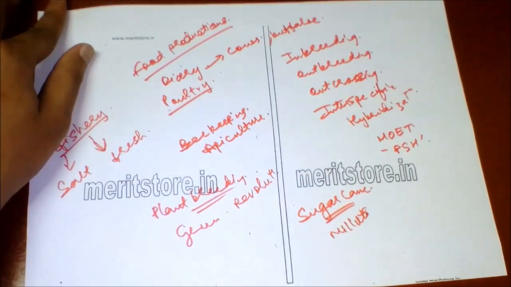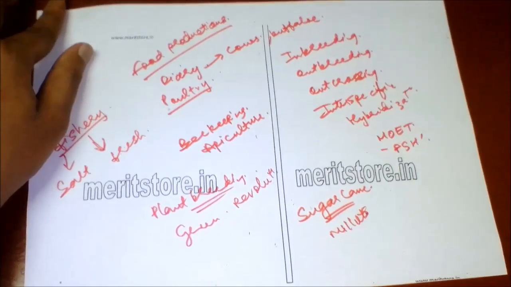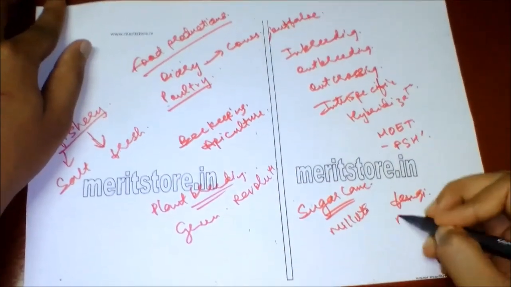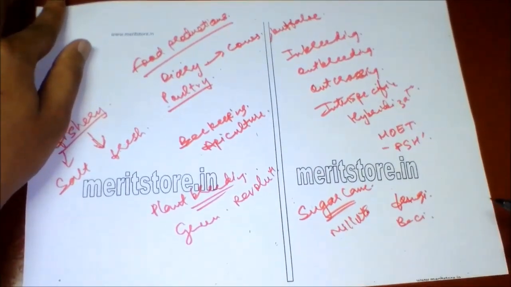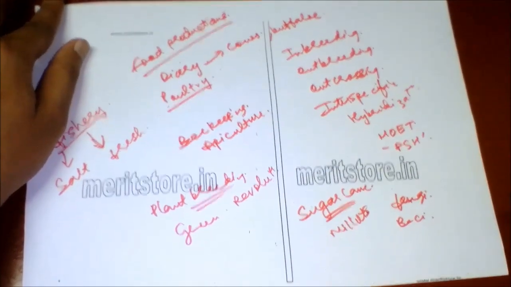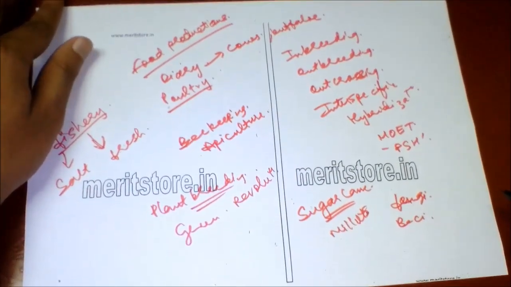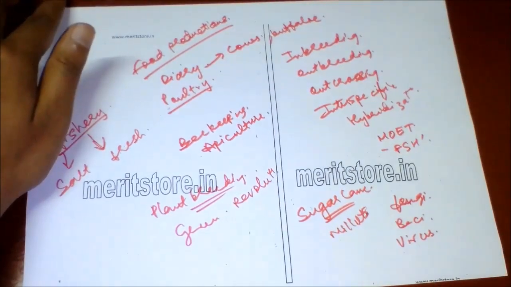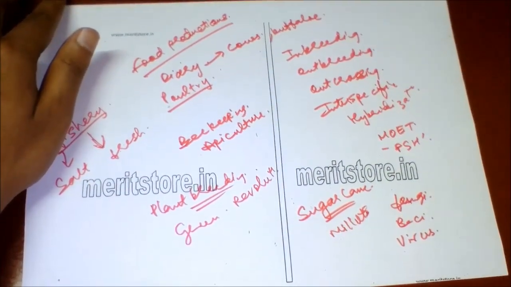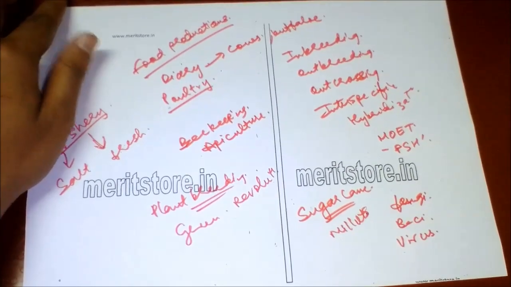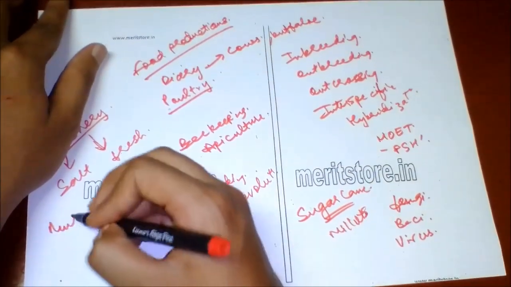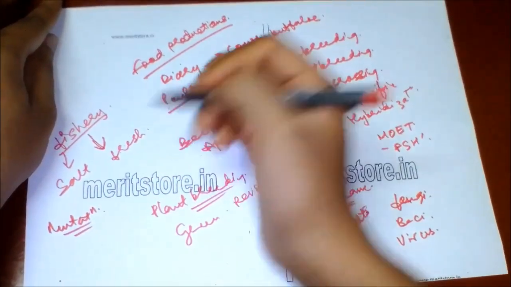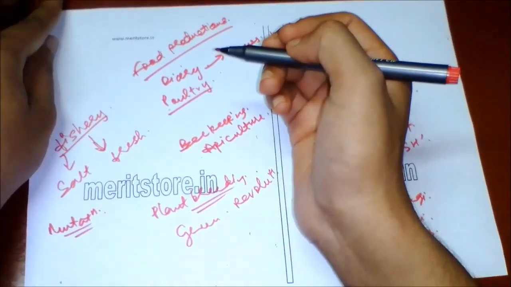plant breeding and disease resistance: fungi resistance, bacteria resistance, black rot of crucifers, fungi resistance is brown rust of wheat, and virus resistance, tobacco mosaic virus, turnip mosaic virus. Methods of disease resistance. Then there is mutation technique, the process by which genetic variations are created.